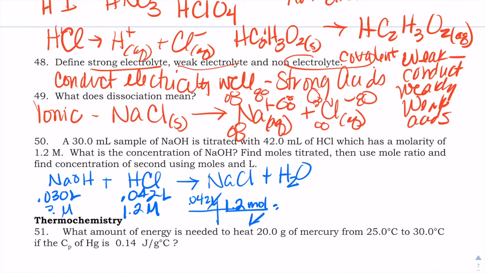All right, 0.05, 0.4 moles. It's asking for molarity. Molarity is moles divided by liters. So we take that answer divided by 0.03, and we get 1.68 for our molarity.